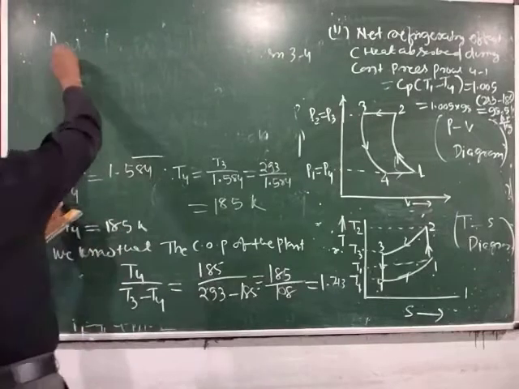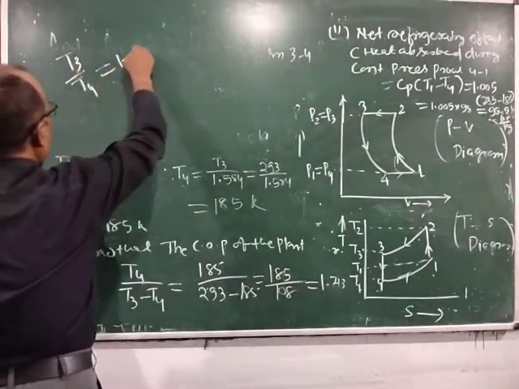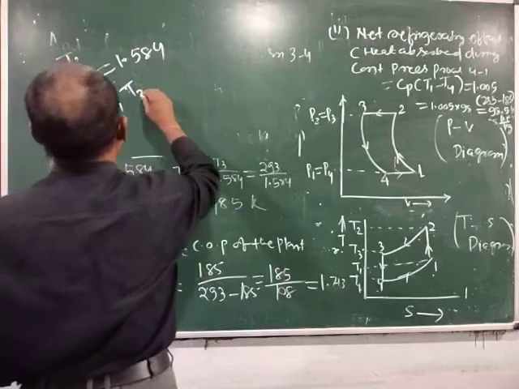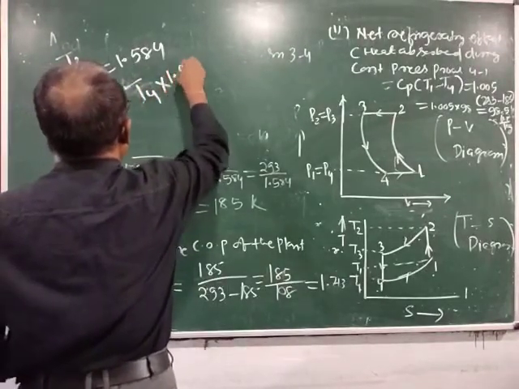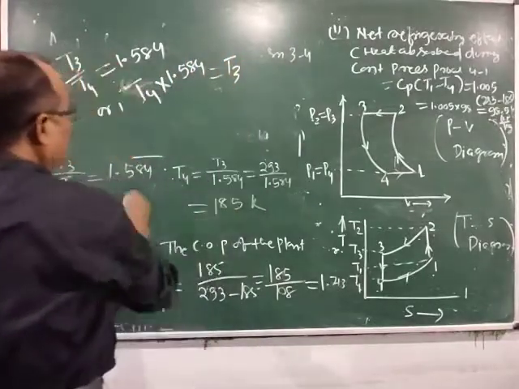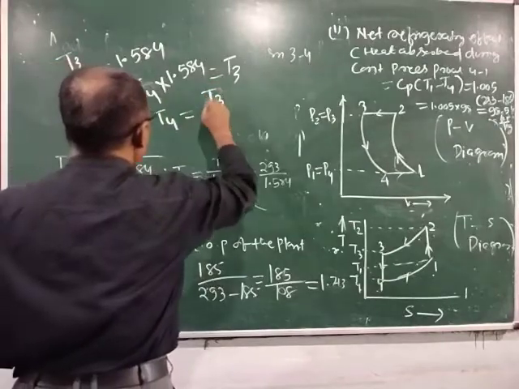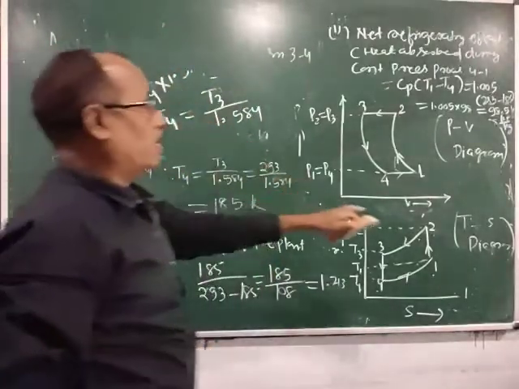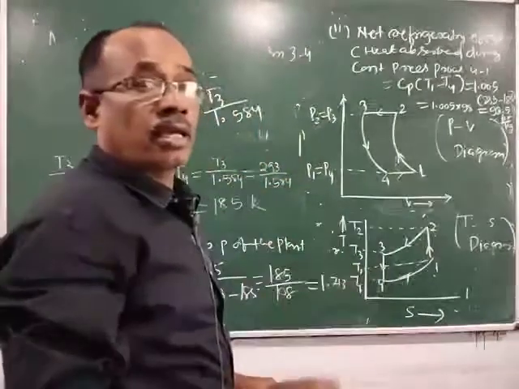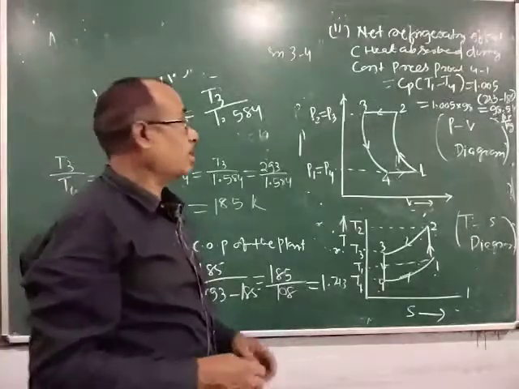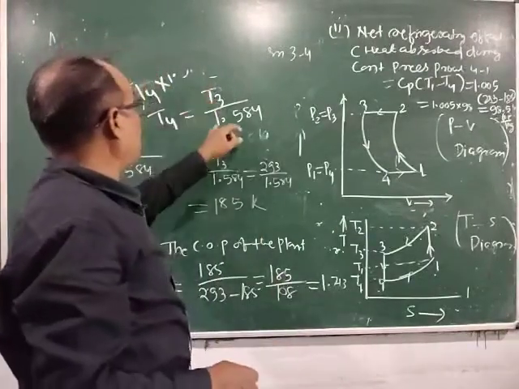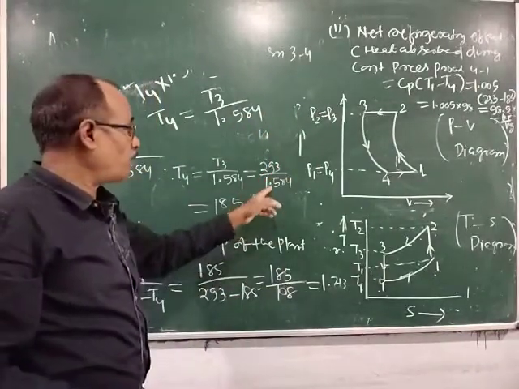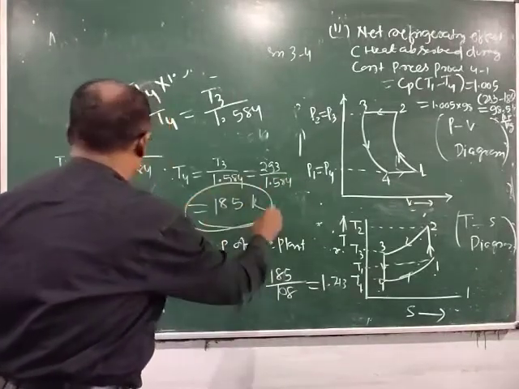Or T3 by T4 is equal to 1.584. Therefore, T4 is equal to T3 by 1.584, but T3 is equal to 293 given, so T4 is equal to 293 divided by 1.584 is equal to 185 degree Kelvin.